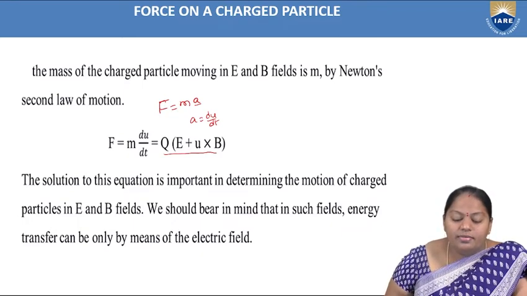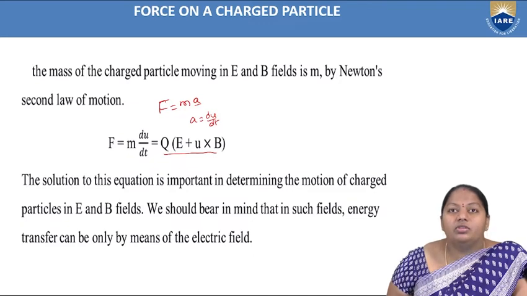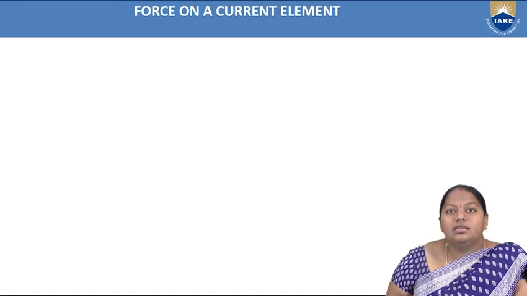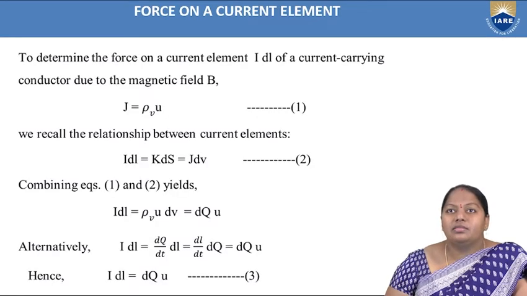So F equal to M into A according to Newton's second law, and from the Lorentz force equation, Q into E plus U cross B is the total force related to electric as well as magnetic fields.